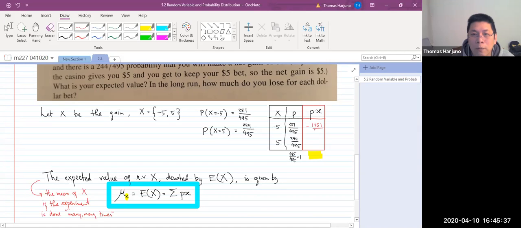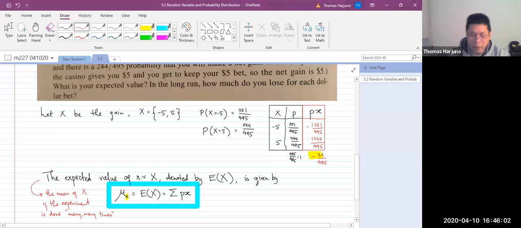Okay, so this will be negative 1,255 over 495. I multiply the numerator. And the bottom one here will be 1,220 over 495. If I add them, I will get negative 31 over 495.